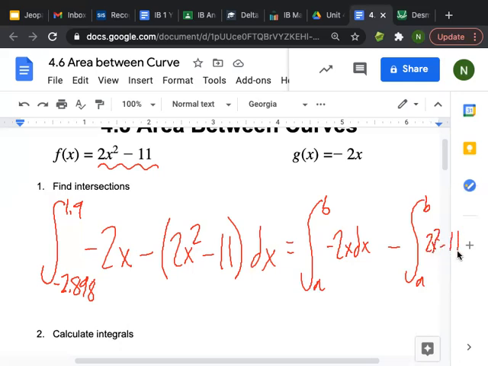Either one, it's the same thing. You can split them into two, whichever one you prefer to do.